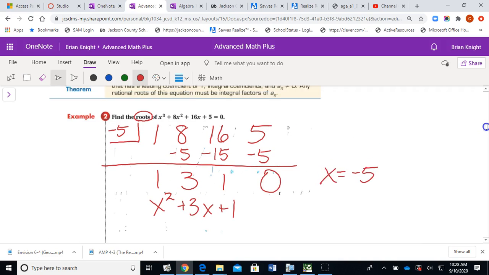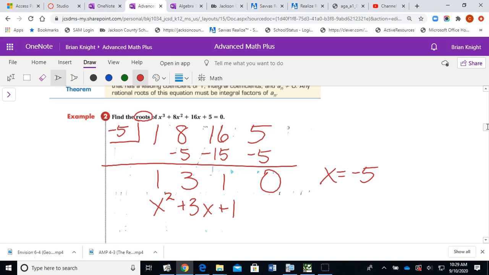Quadratic equation, or I'm double checking my question. Had it said find the rational roots, would I be finished? Yes, because if you have more rational roots, I should be able to factor this. So if you can't factor it, that just means you don't have any more rational roots. Is everybody with me? But it doesn't say rational roots, it just says what?